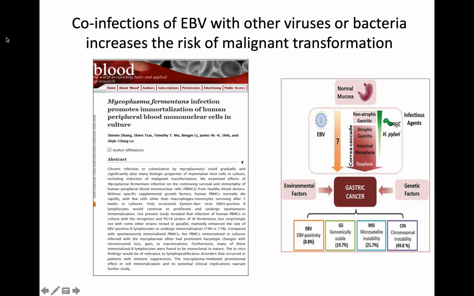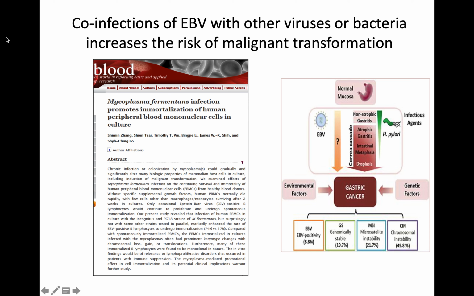And what they found is that this bacteria, in addition to the Epstein-Barr virus, the two of those microorganisms or microbes cause the white blood cells to live longer.